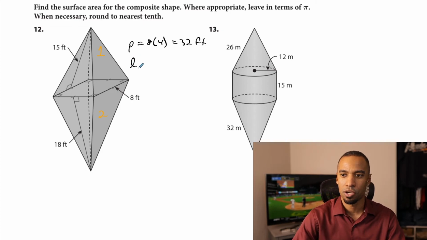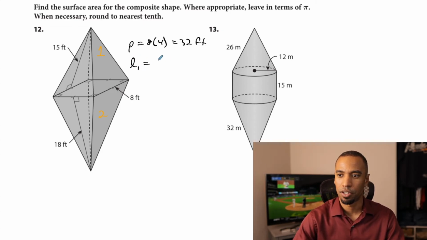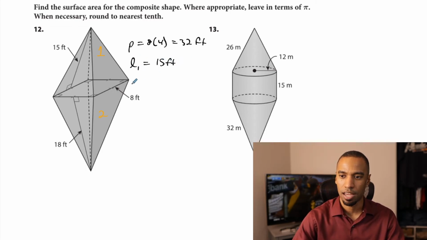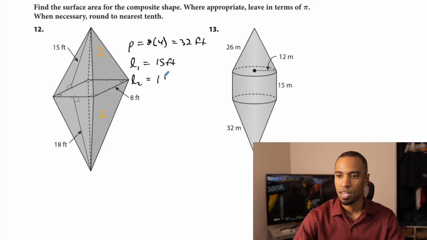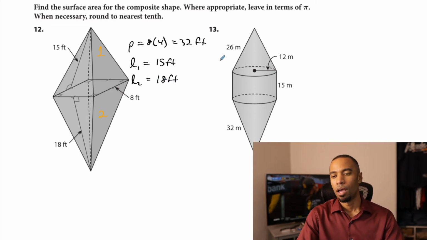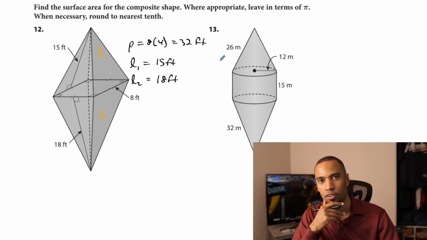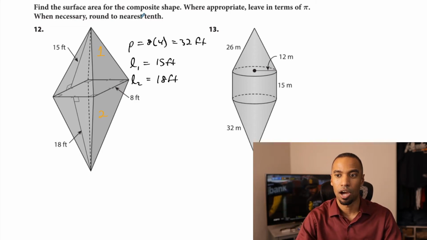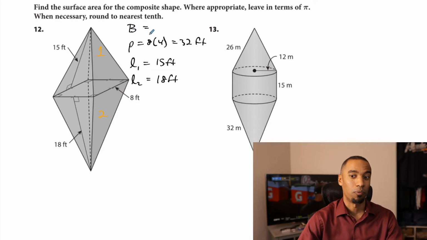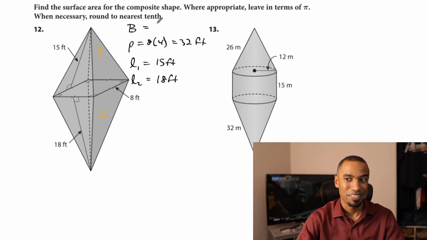Different slant heights, though. Slant height for the first figure is 15 feet. Slant height for the second figure is 18 feet. What else will we need? Area of base. Okay, so that's all we'll kind of need. Oh, area of base for both of them is, now I'll let you know what, we're not going to end up needing the area of the bases, but that's okay.